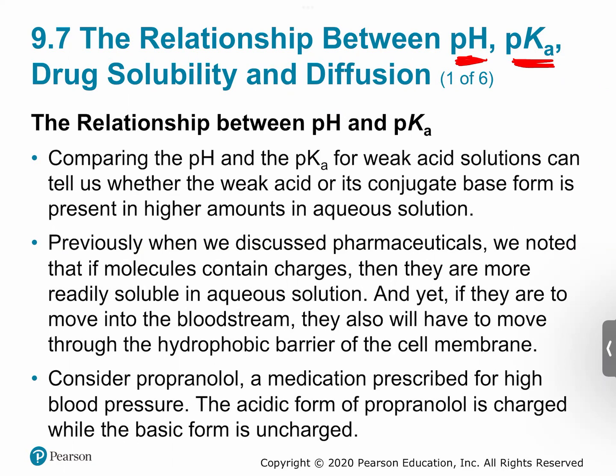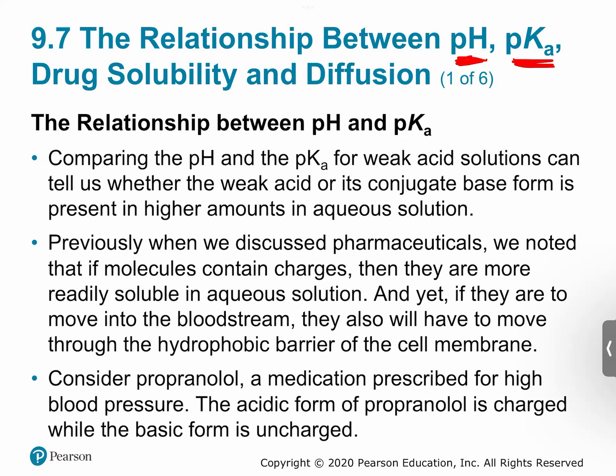So we talked about drugs before, and if molecules are charged, if you have a charged group on there, they're going to be soluble. So you want that. So companies will add a charge there to make a drug more soluble in aqueous solution. You need that. But if you're having this movement through the bloodstream, you have something soluble, you also have to get through hydrophobic barriers like the cell membrane, and you want to get into the cell.